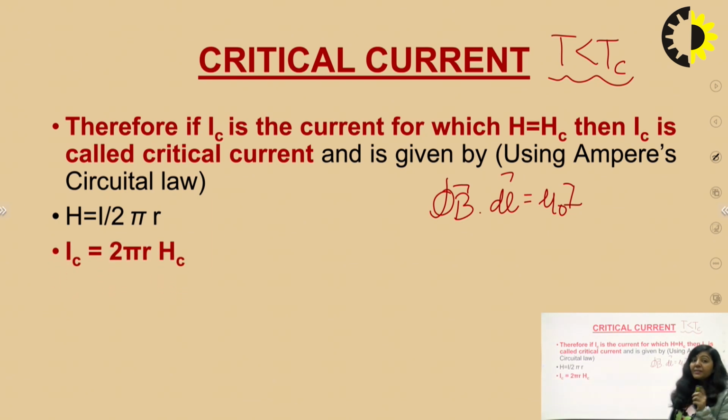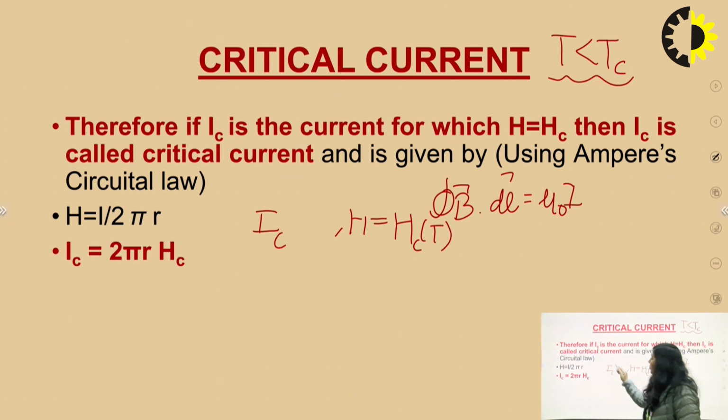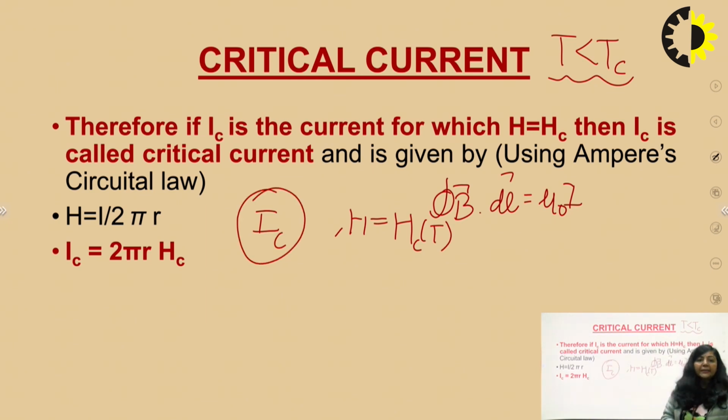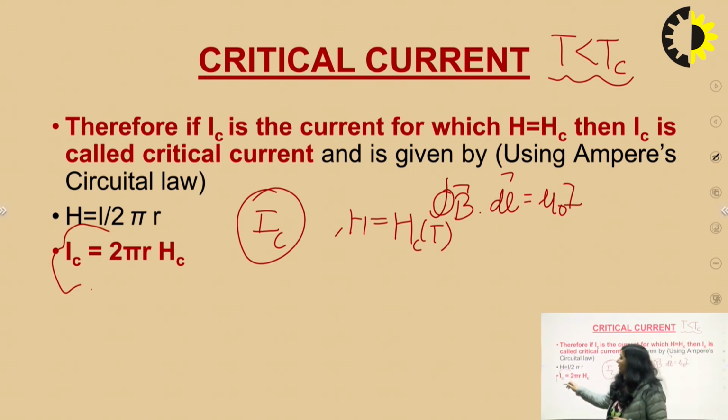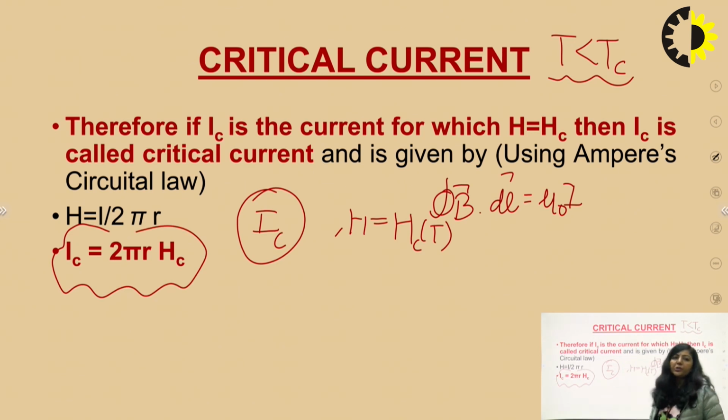So if the current flowing through the superconductor produces a magnetic field equal to the critical magnetic field of that temperature, then the current passing through the superconducting wire is known as critical current. So if H is Hc, then I will be Ic. The formula for critical current is Ic equals 2 pi r Hc. This is the relationship between critical current and critical magnetic field.